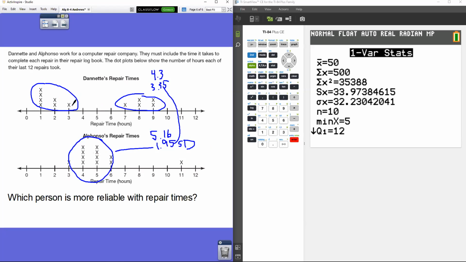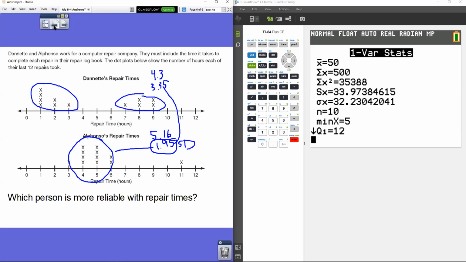Danette's standard deviation was a lot higher. She had more diverse times, where Alfonso was more reliable, more predictable with his data, more consistent with his data, found by the lower standard deviation. So which person is more reliable? It would definitely be Alfonso, because the other's times are all over the place.